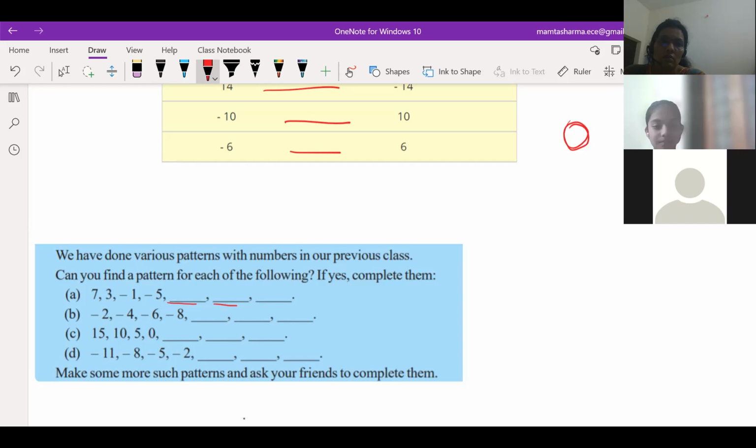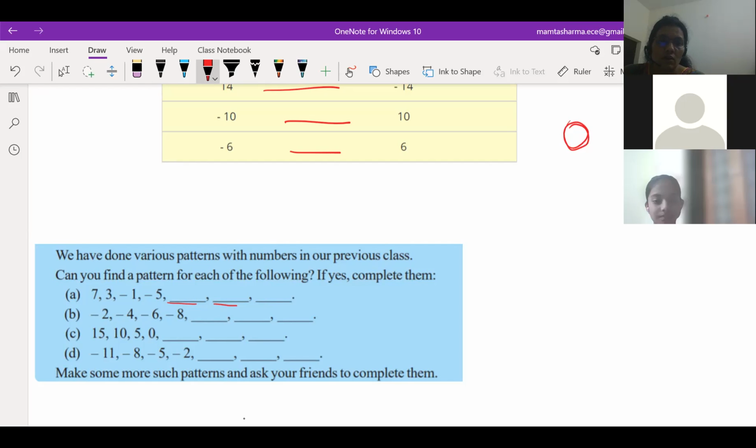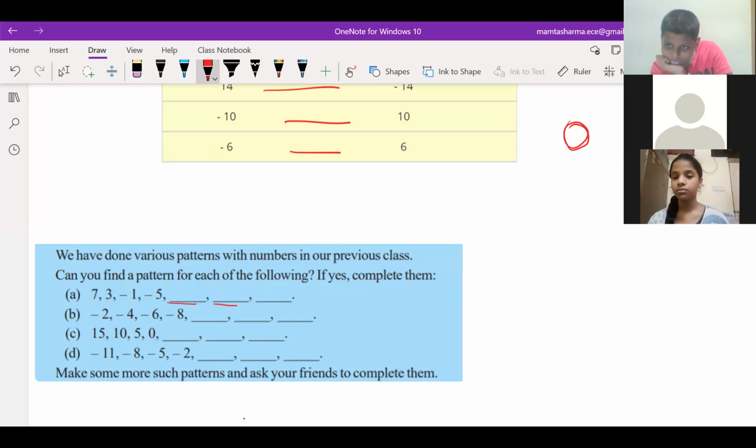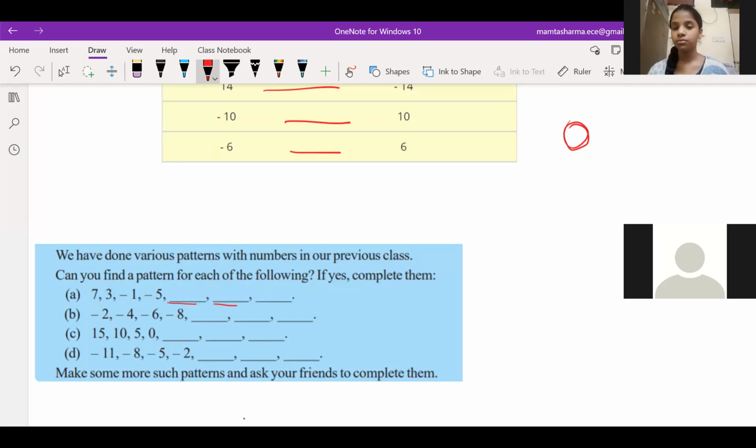What about the others? Who is not able to do this question? Raise your hand. Only 5 people don't know how to do it. Okay, do it fast.